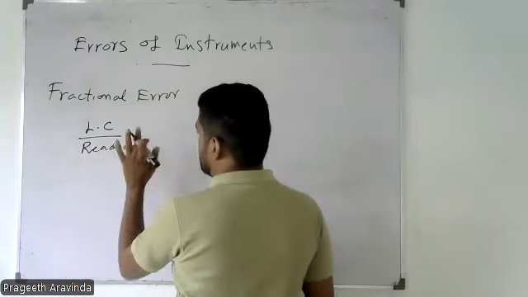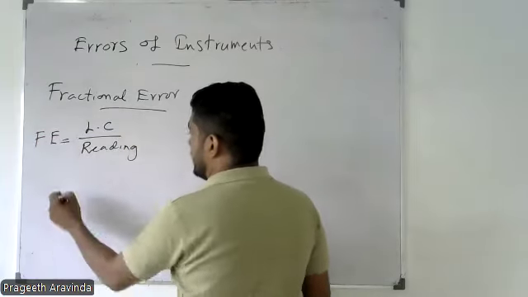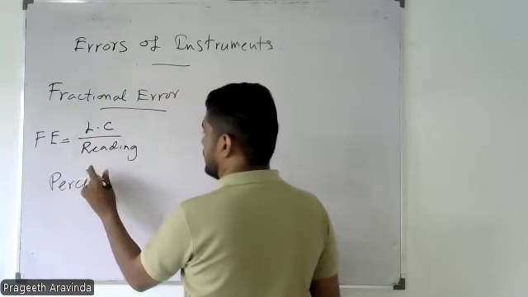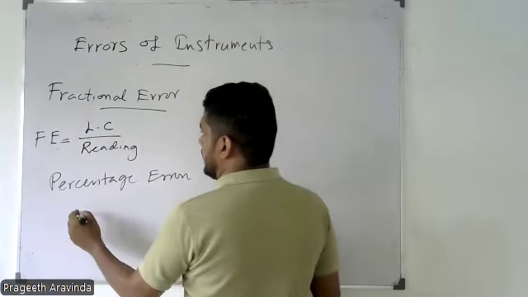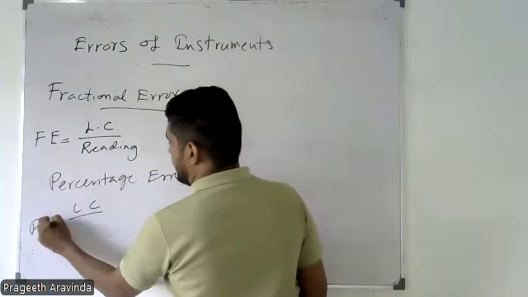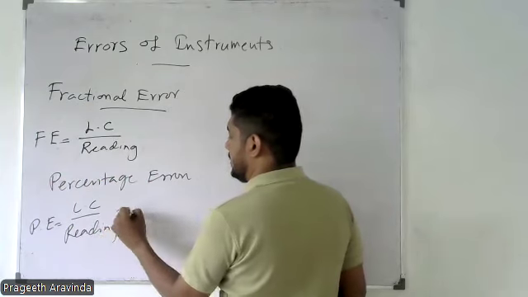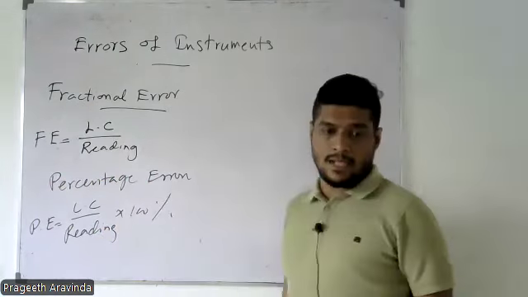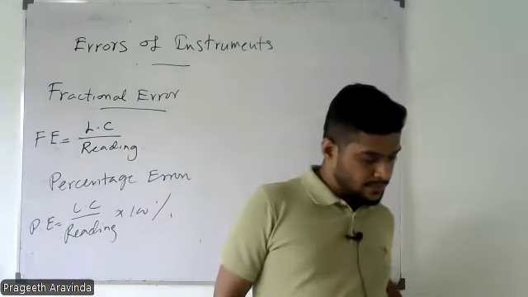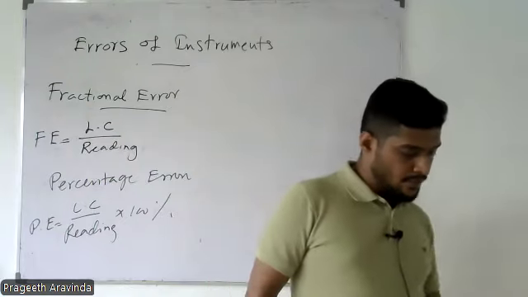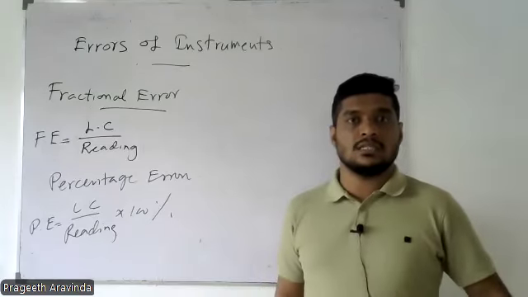This is the fractional error. Then the percentage error is least count divided by the reading times 100%, right? I will explain what the least count is, but you already know. So least count is the least possible measurement of the instrument, right?